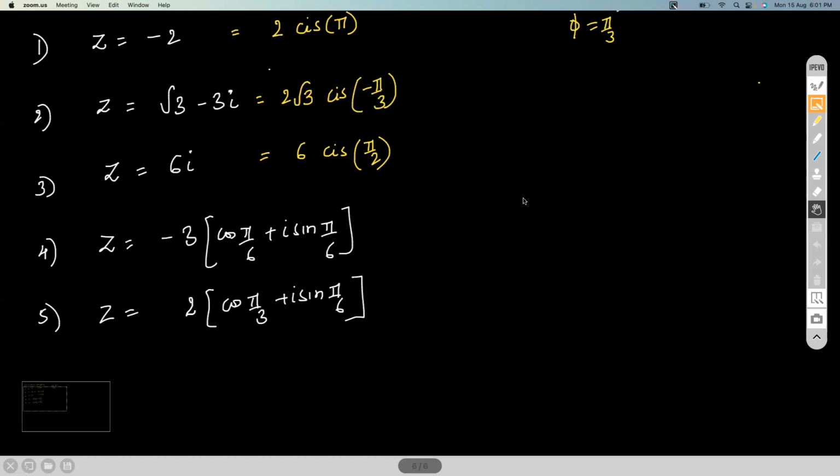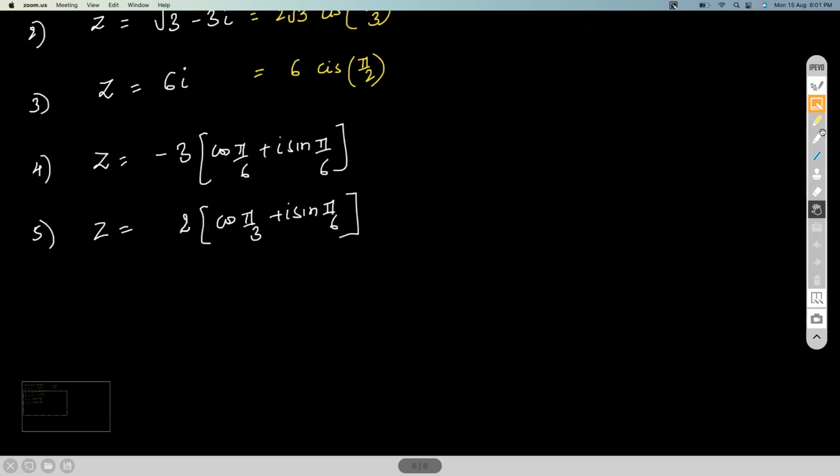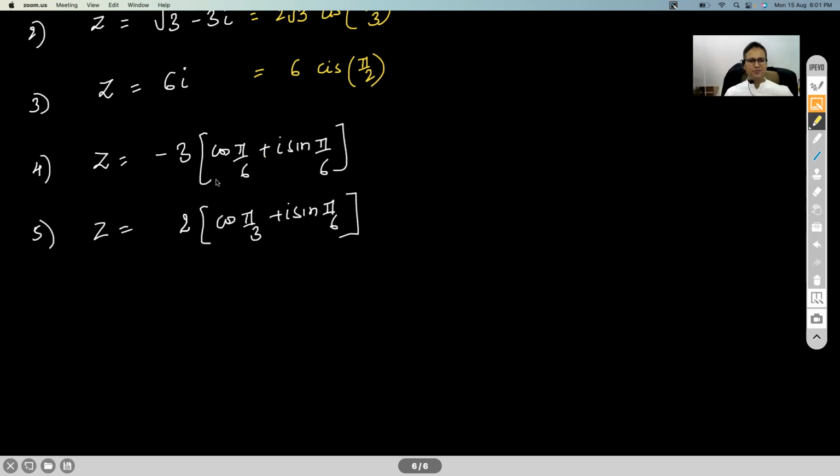For solving this question, many of the students initially get confused. They say, sir, isn't this already in the polar form? Mind you, it is not, because R can never be a negative value. It is always a non-negative value because it represents modulus. So this is what I call a Chinese polar form because of the fakeness. This is fake. It may give a feeling that it is already in the polar form, but it is not.